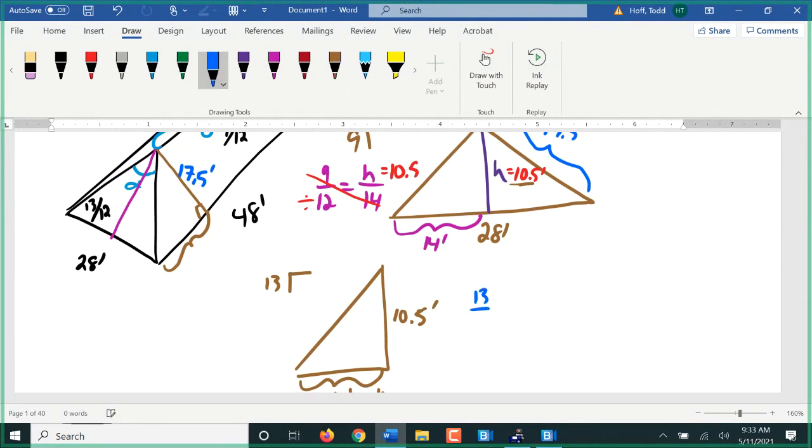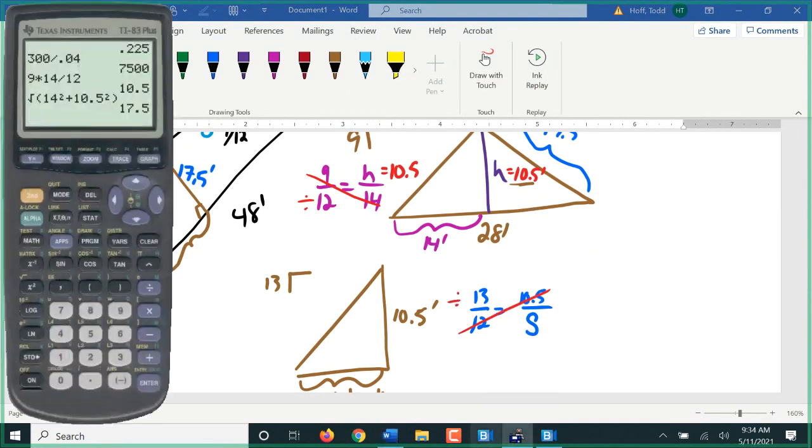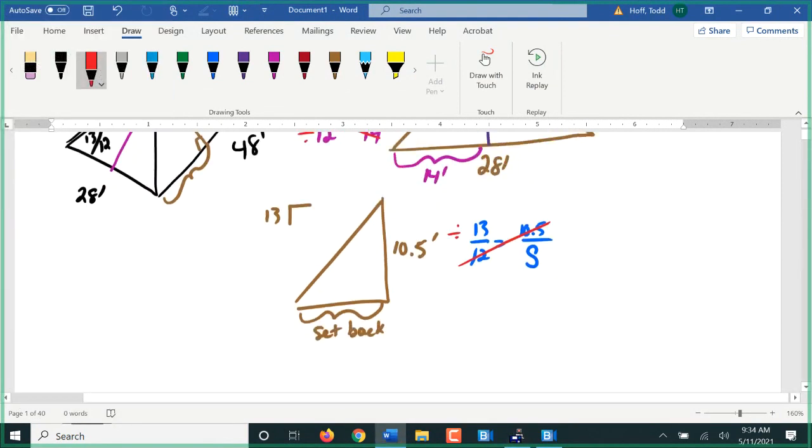So I know that 13 over 12 has to equal 10.5 over, I'm going to call that S for my setback. And again, we can cross multiply and divide. 12 times 10.5 divided by 13 gives us 9.69, we'll call it.